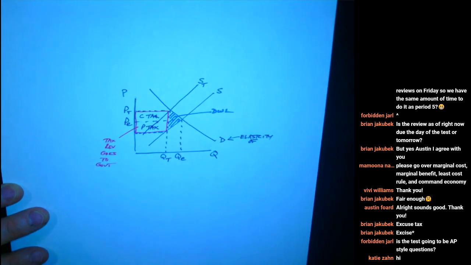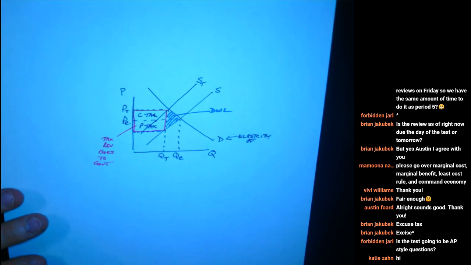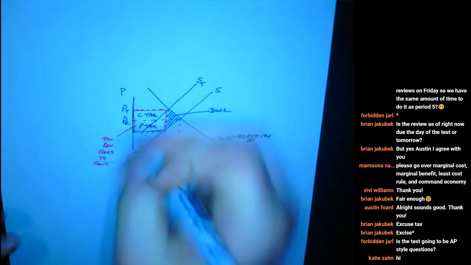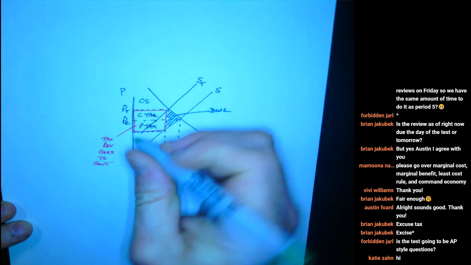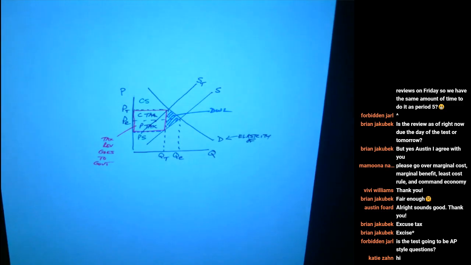This is the producer portion of the tax. Also, this will be your consumer surplus, and that's your producer surplus. So Brian, right there, there is your excise tax that is graphed.